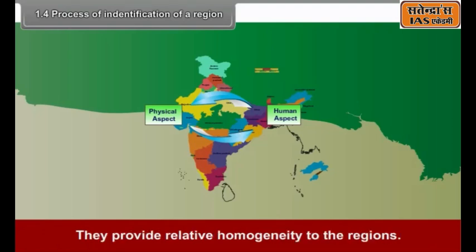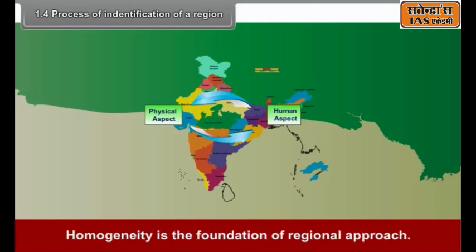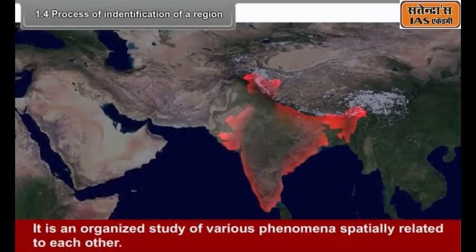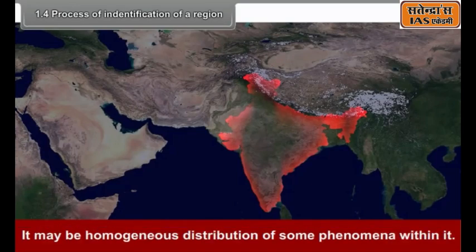They provide relative homogeneity to the regions. Homogeneity is the foundation of the regional approach. It is an organized study of various phenomena spatially related to each other. It may be a homogeneous distribution of some phenomena within it.